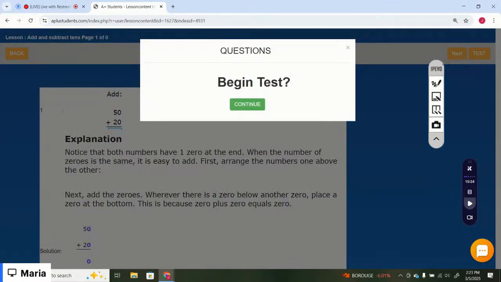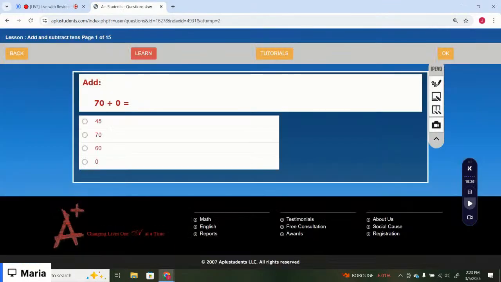Let's just start with the test question. Very good. Add 70 plus 0. So which is the correct option?